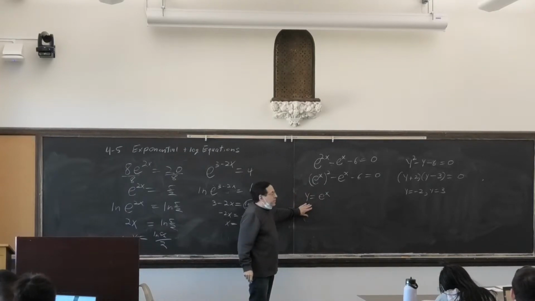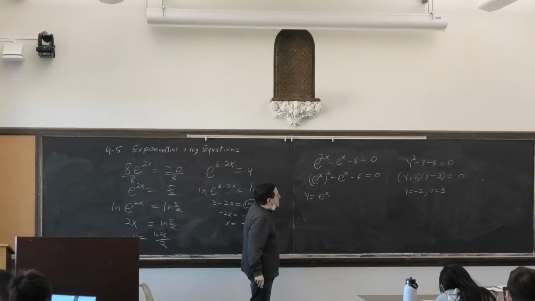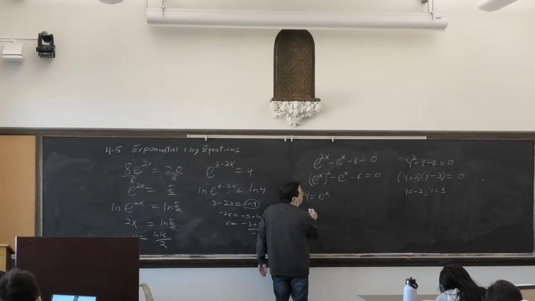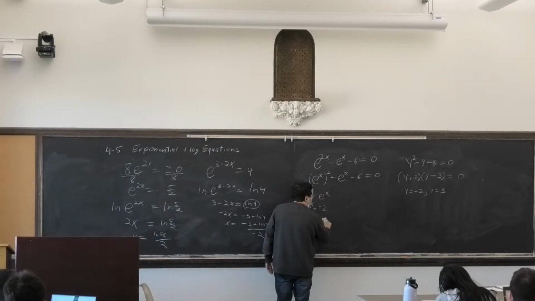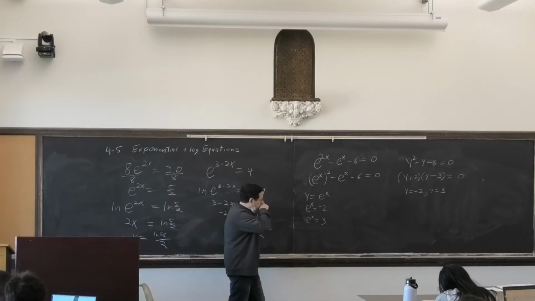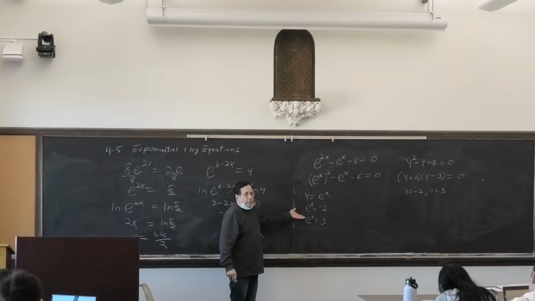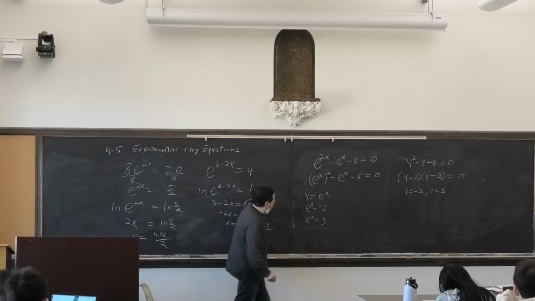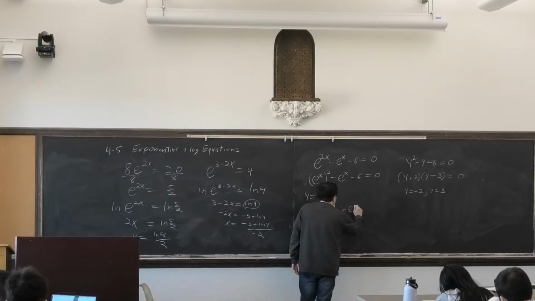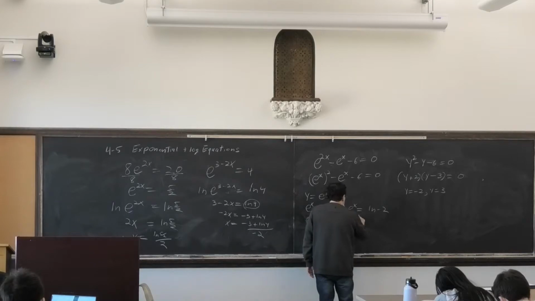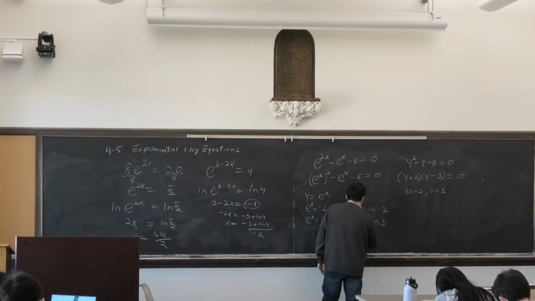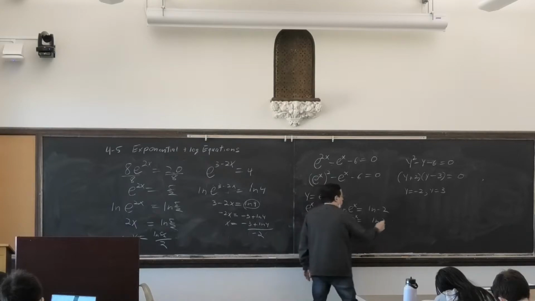Then we have to go back, right? e to the x equals minus 2 or e to the x equals 3. All right, in both cases, we can try and find the ln: ln of e to the x equals ln of minus 2, ln of e to the x equals ln of 3, and this just becomes x.